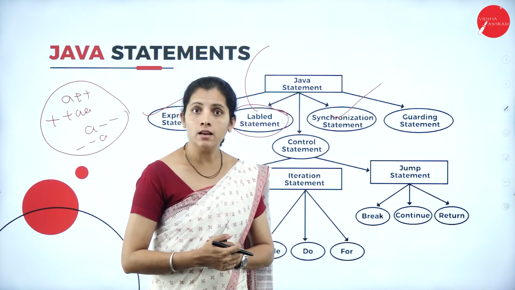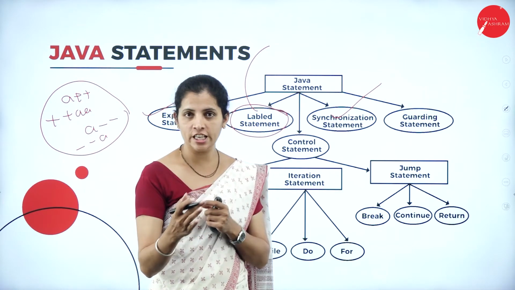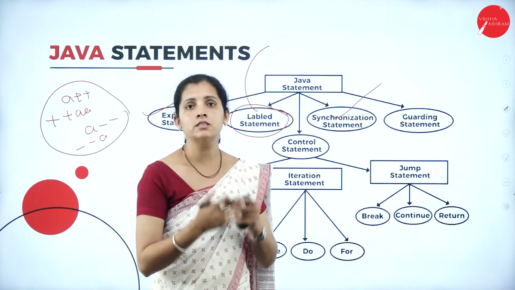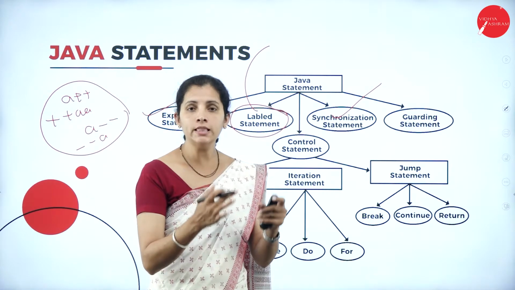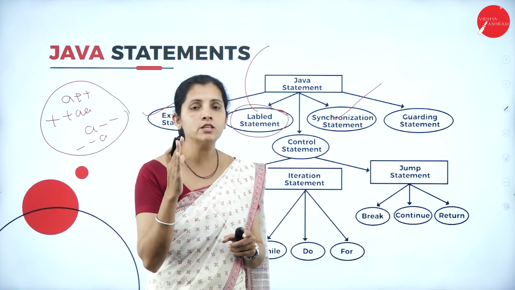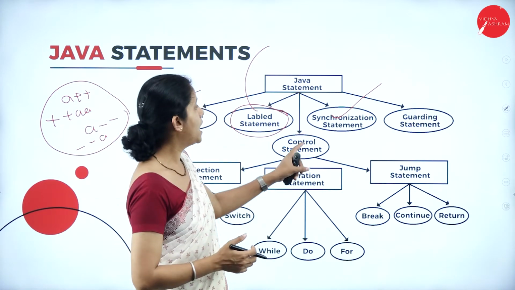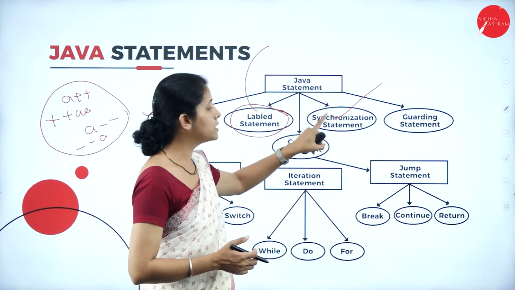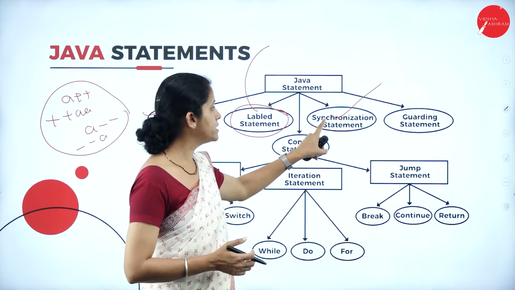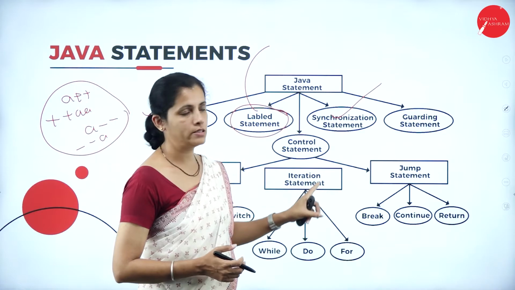Suppose when two or more processes want to communicate with each other, at that time they require synchronization between the processes as well as resources. To provide synchronization between the processes as well as resources, I'm going to have synchronization statement. And I'm going to use synchronization statement in my multi-threading concept.